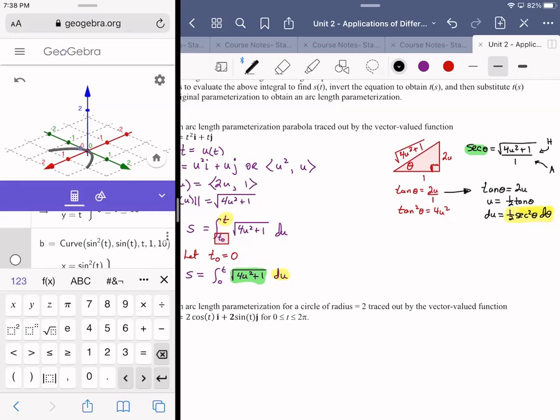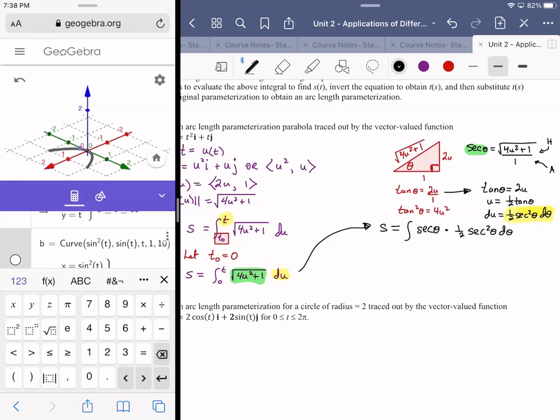So what we'll do is we'll say, as an extension here, that s is equal to just the indefinite integral of secant theta, and then that's going to be multiplied by 1/2 secant squared theta d theta, because that's what's swapping out the du.